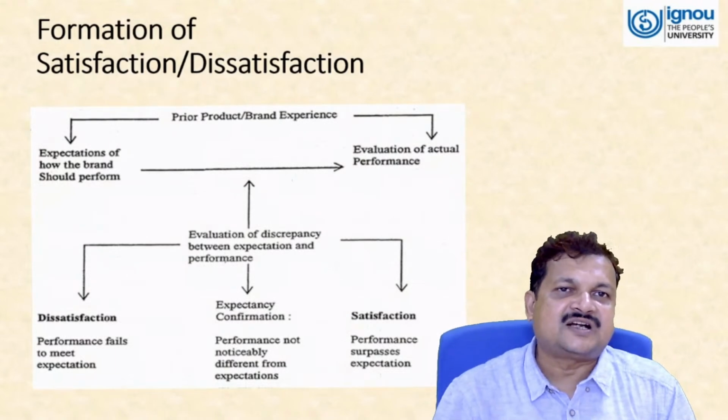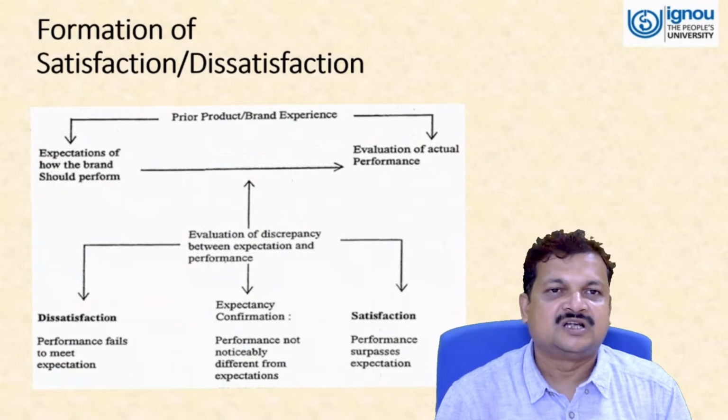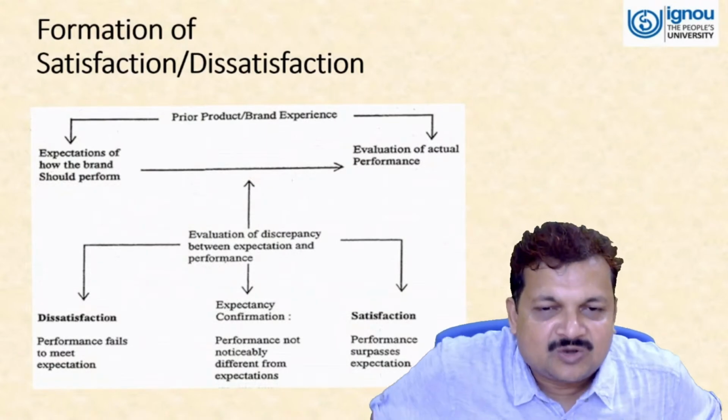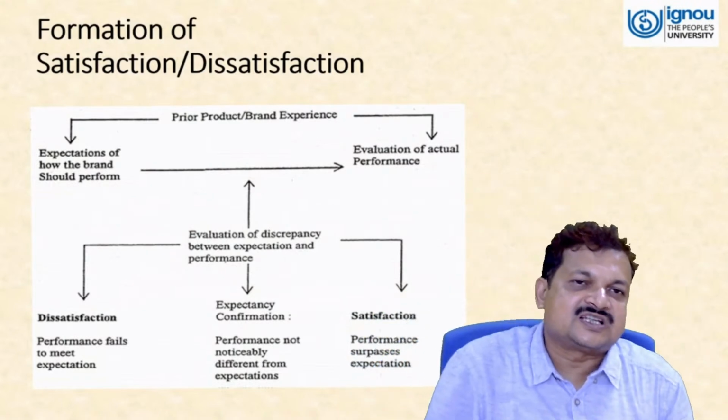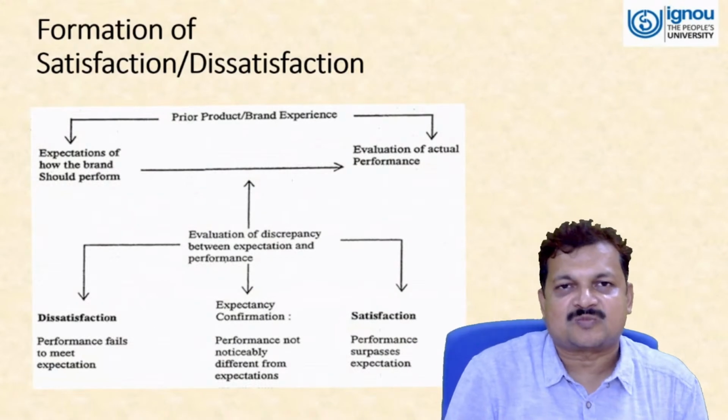Now, formation of satisfaction and dissatisfaction. How can satisfaction and dissatisfaction form? First is prior product and brand experiences, expectations of how the brand should perform, and evaluation of the actual performance. We always have the tendency, by seeing the product, or through the advertisement or sales promotion, to have expectations from the product.